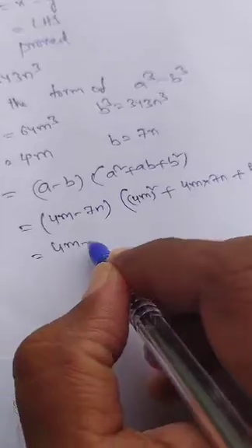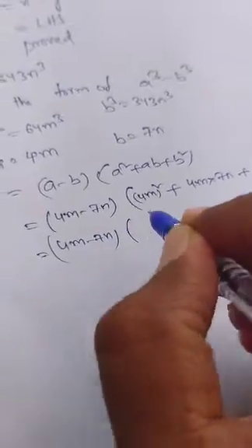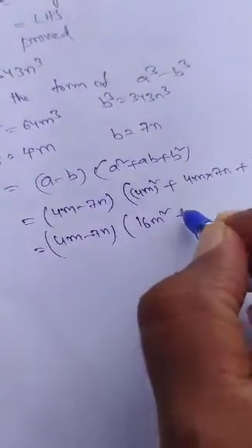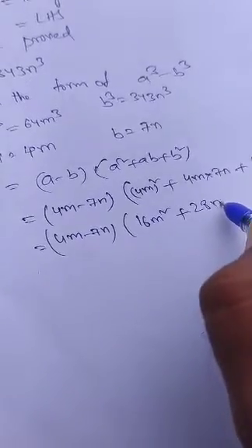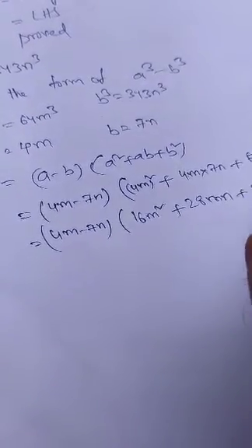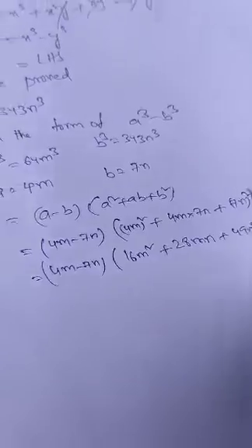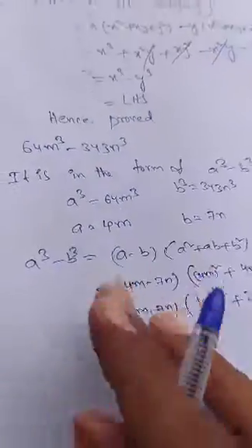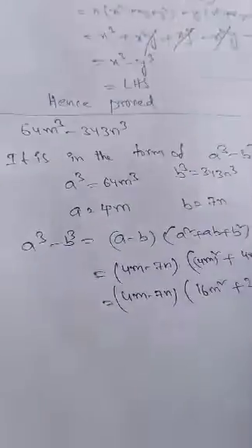So this can be written as 4m minus 7n into 16m square plus 28mn plus 49n square. This is the previous question.